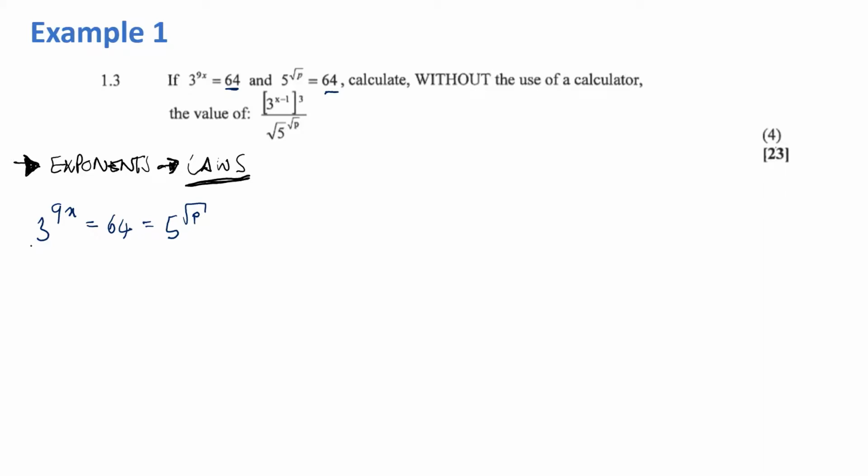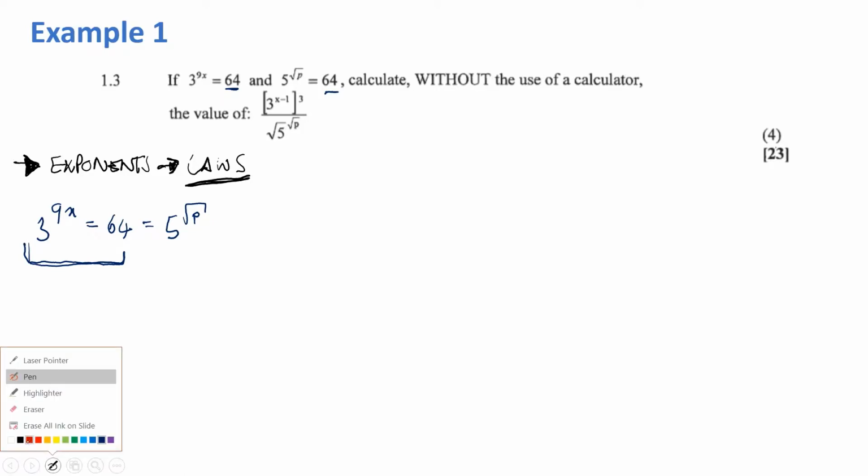The first thing that has to jump out of the page is the following. You can write this as 3 to the power of 3x times 3. If that's clear. 3x times 3.